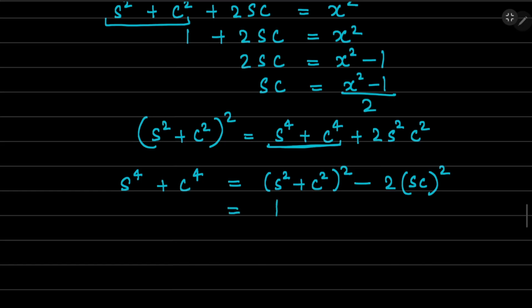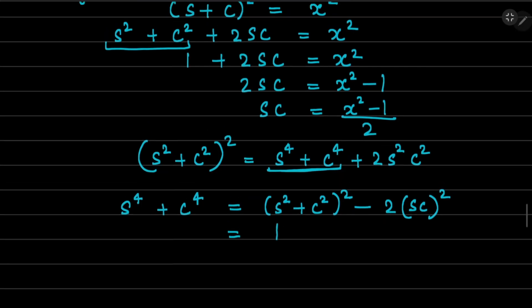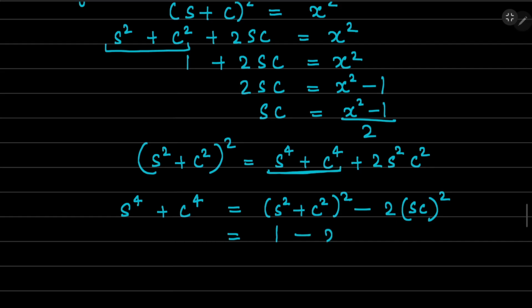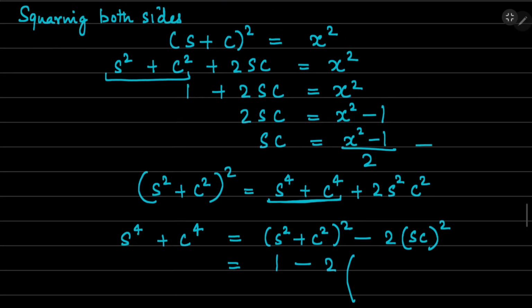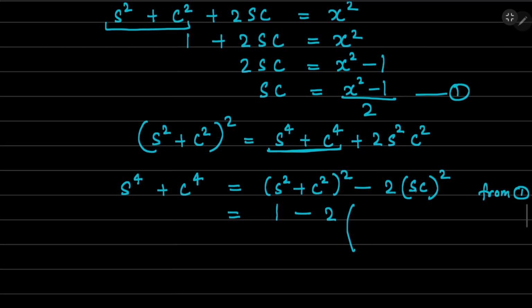Sine square plus cos square is just 1, so 1 the whole square is again 1, minus 2 times sine cos. So we already know this as equation 1. So from 1, what is sine theta cos theta? It is just x square minus 1 divided by 2, the whole square.